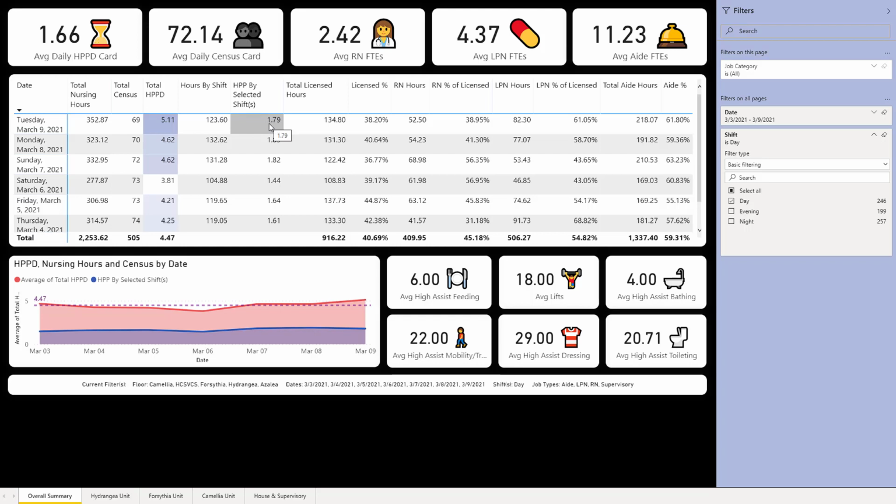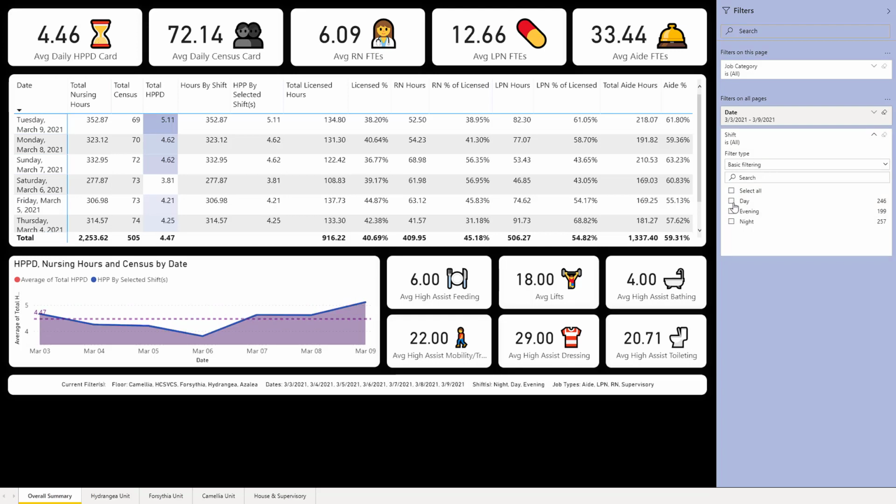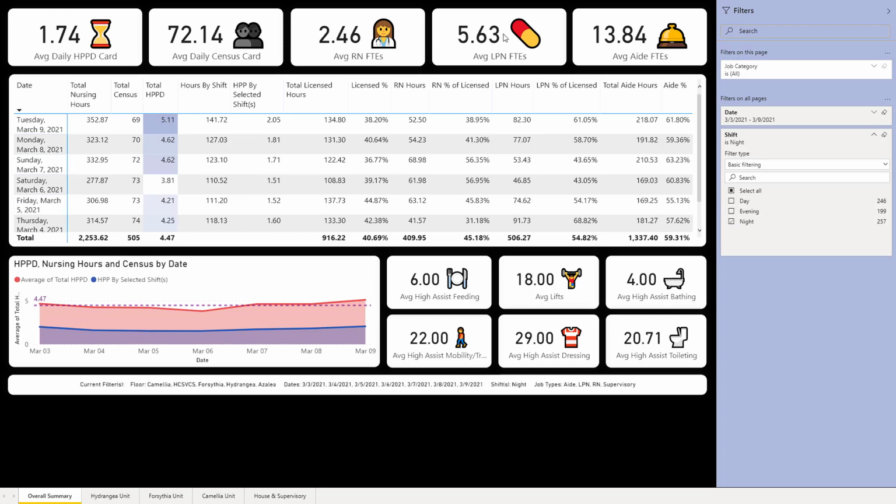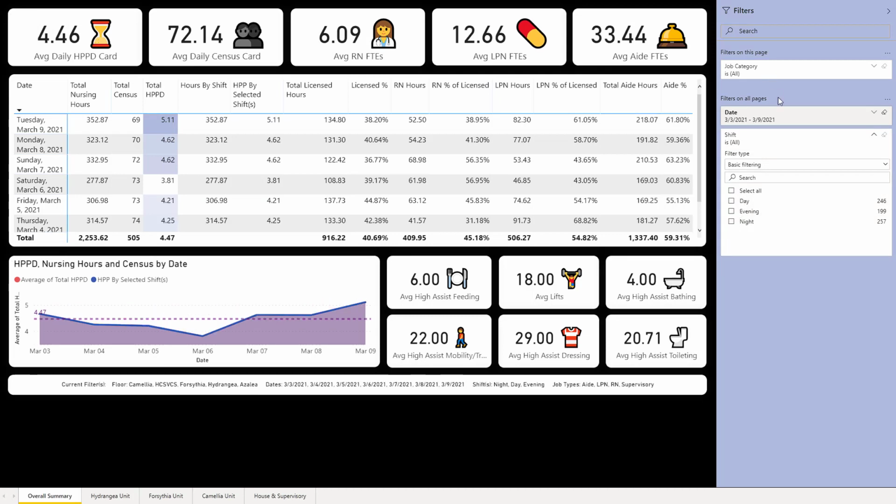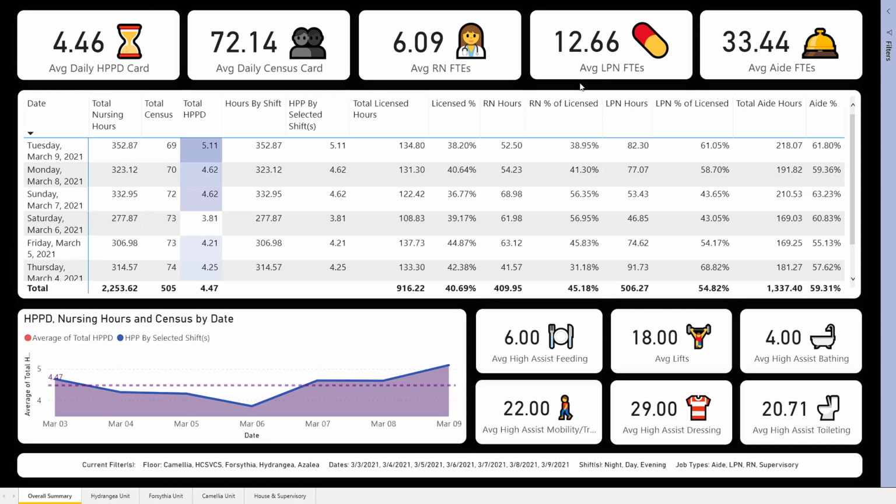Now, the other thing I want to point out, notice when I did that, these adjusted as well. So it's also going to give you an idea of how many FTEs on the shift you have. And so you can compare that to night and see how many FTEs you're dealing with on the night shift instead. So that gives you an idea how you can slice and dice this.